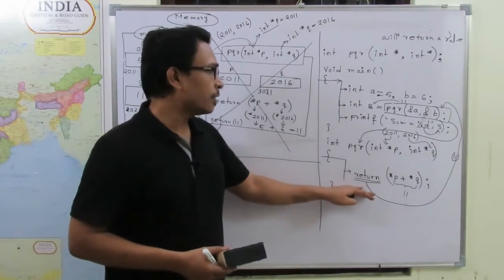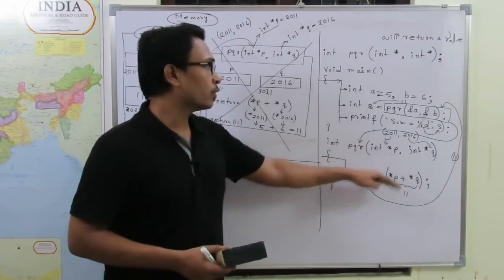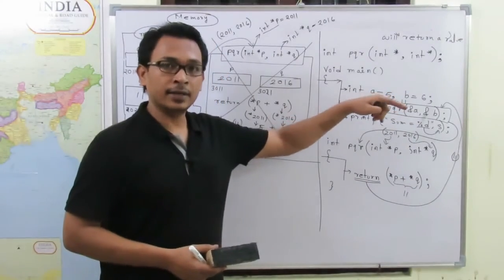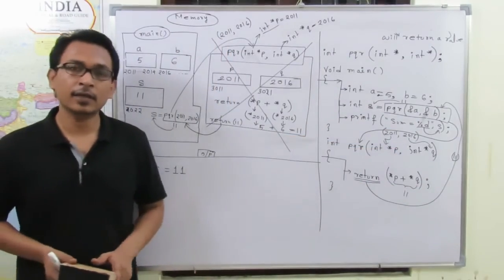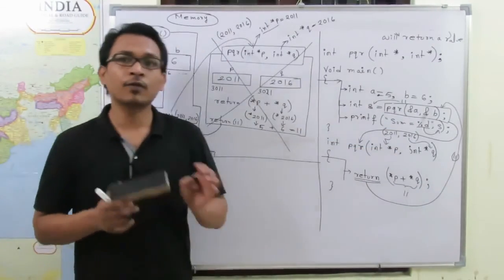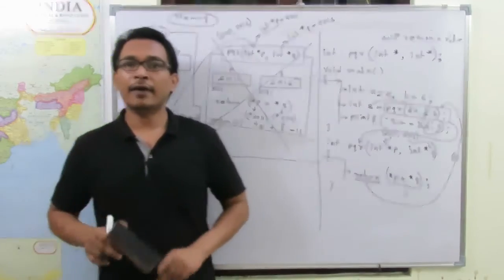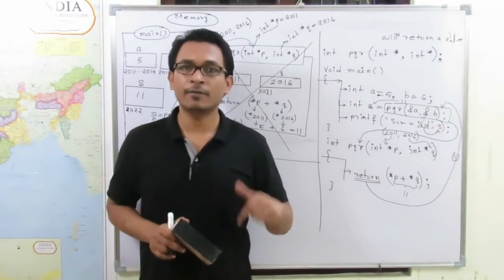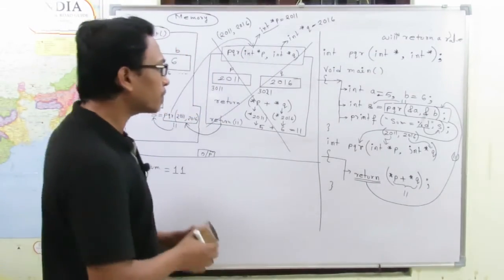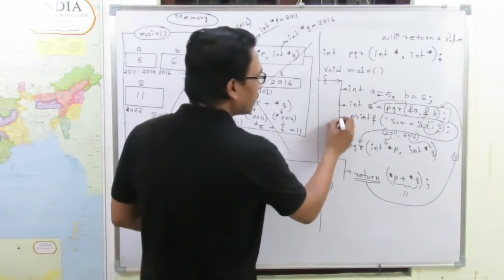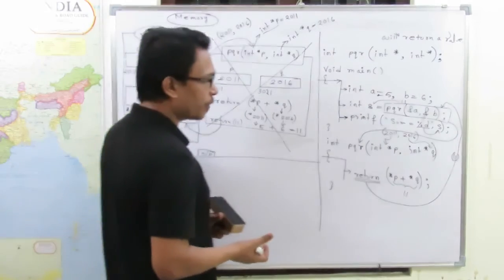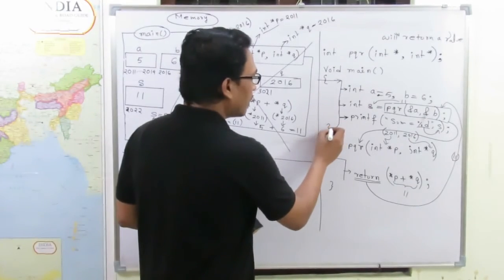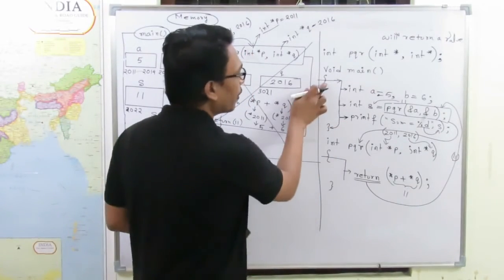So that is how we can return a value from a function to the called location, and that is how we can pass the argument as address. And this is the whole scenario of call by address that also has a return value. Clear? After execution of this printf, we get the output in our output screen, and then the system encounters the closing brace of this main function.